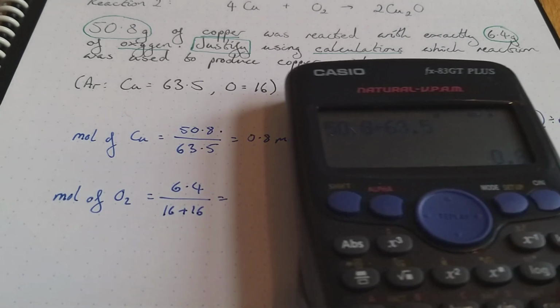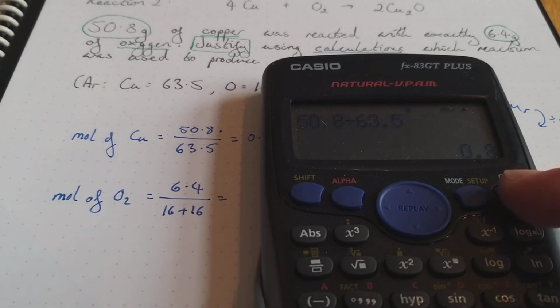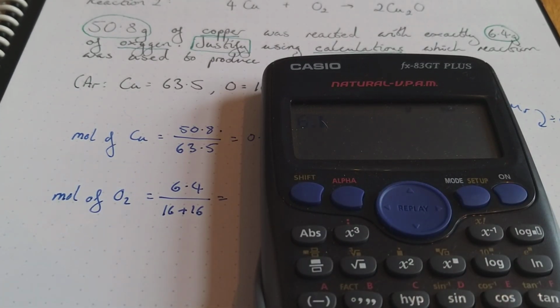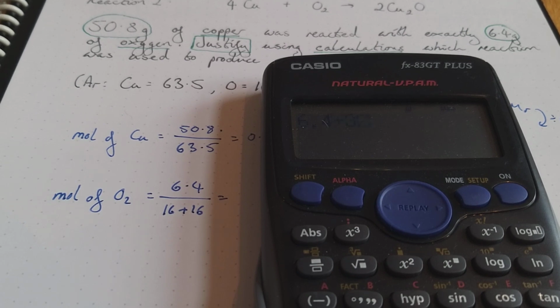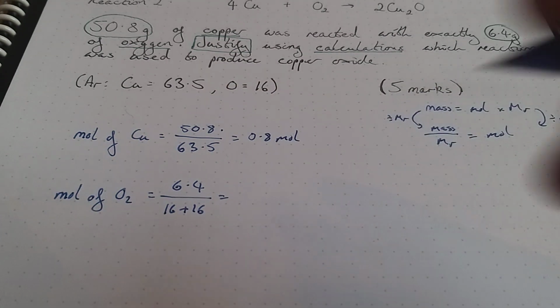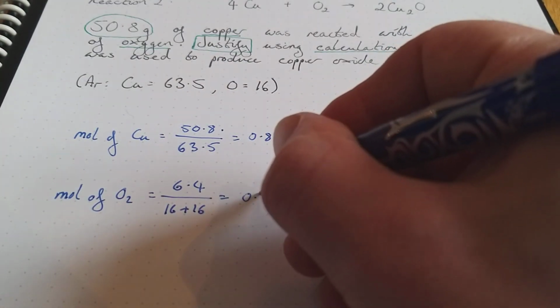So let's put that into our calculator again. 6.4 divided by 32. That gives us 0.2 moles.